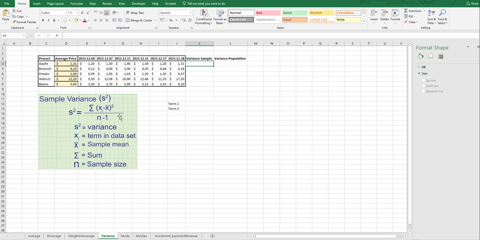How do you calculate the sample variance? You take the value, for example 1.2, minus the average and divide by n minus 1.